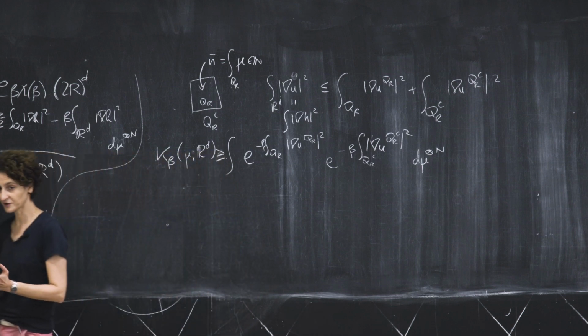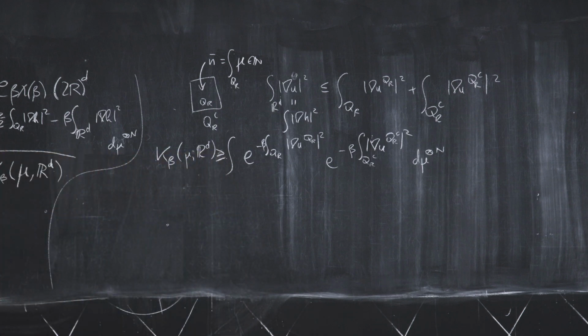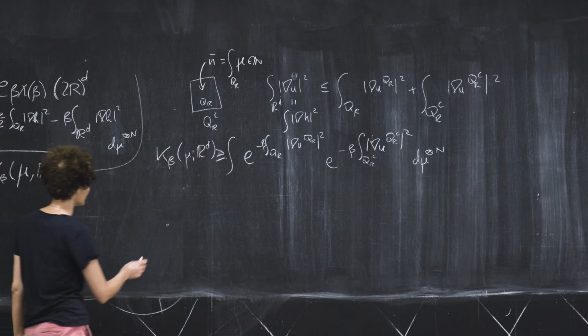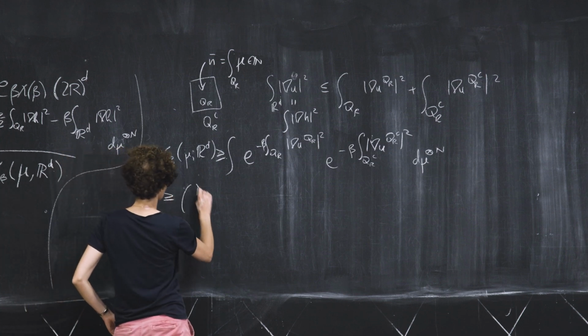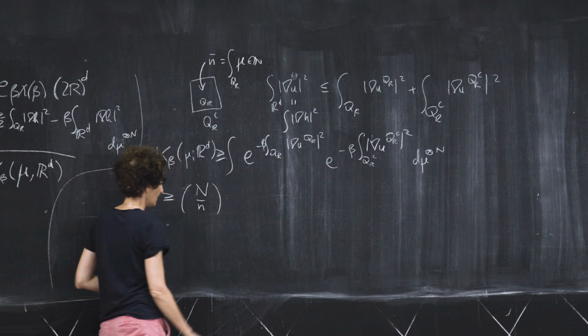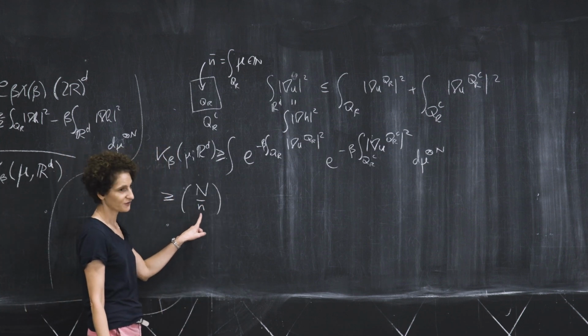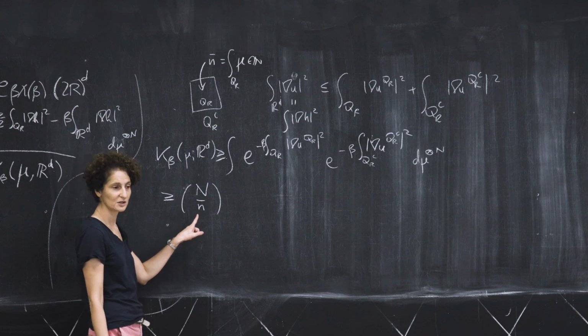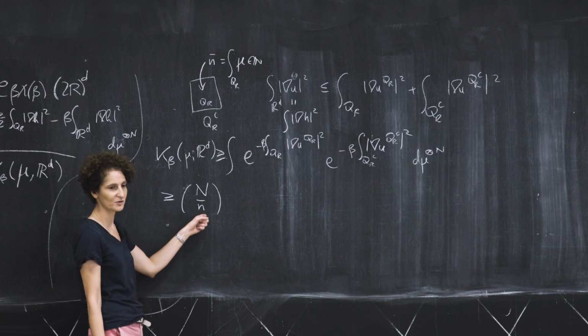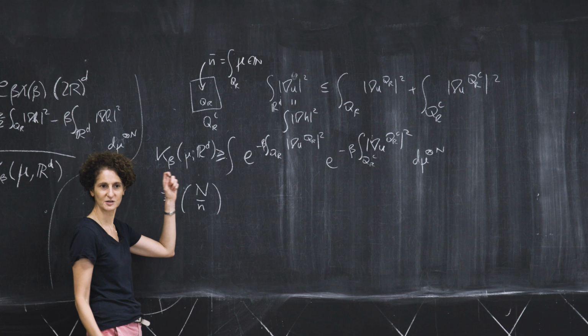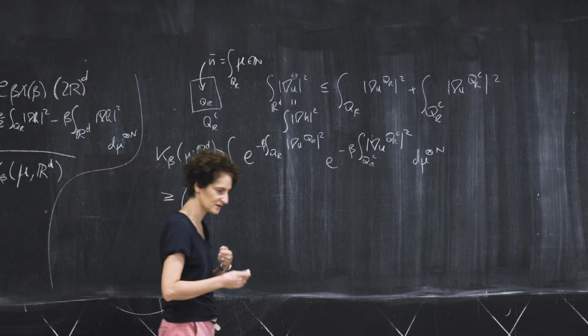And when we separate variables between the inside and the outside, we have a combinatorial term, which is going to be a binomial coefficient. This corresponds to the number of ways I can pick n bar variables out of big N, okay? Because we can relabel things.